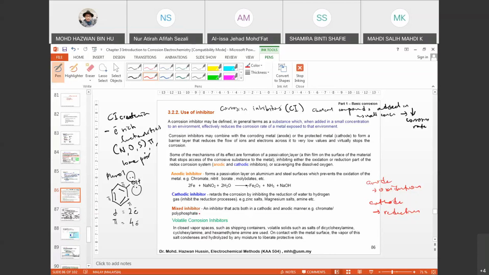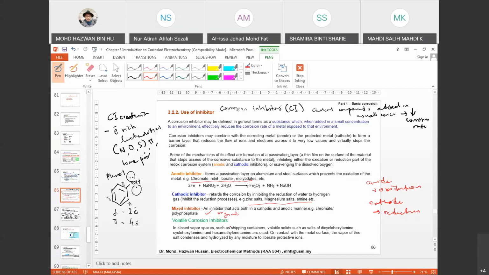Most corrosion inhibitors, especially organic corrosion inhibitors, will have mixed inhibition properties. For anodic, normally examples are chromate, nitrate, and borate. For cathodic inhibitors, it can be zinc salts, magnesium salts, and amine. But for mixed inhibitors, as I said, it is normally organic inhibitors from plant extracts, synthesized compounds, or whatsoever.